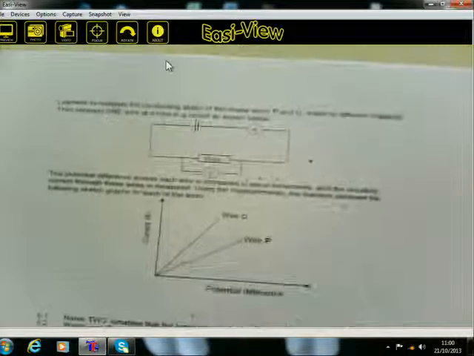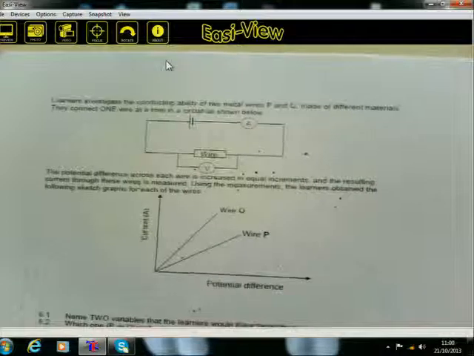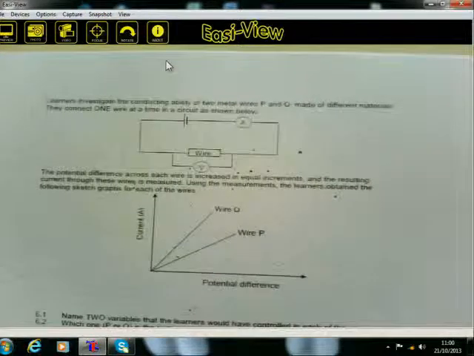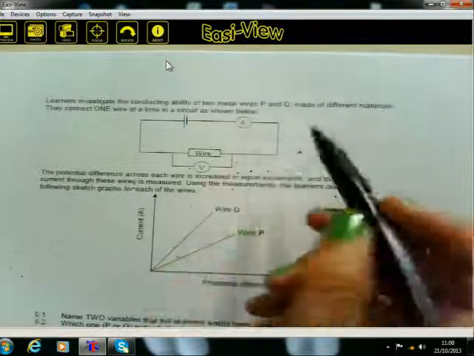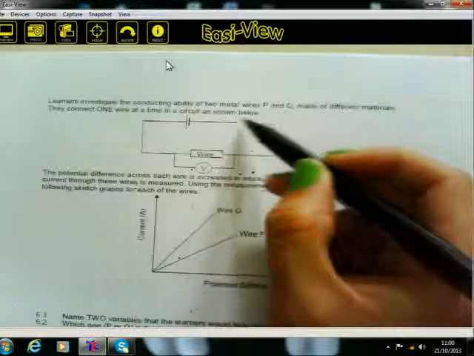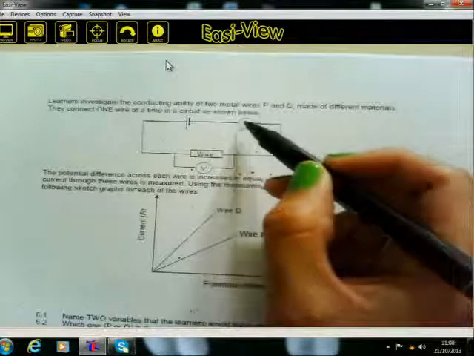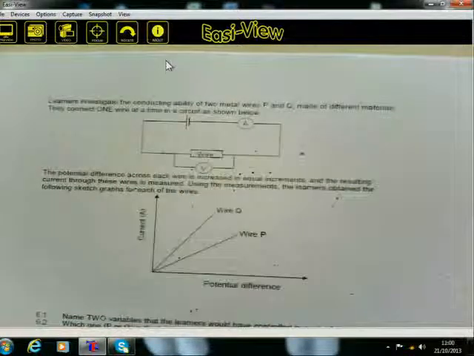So if you can just take a second and carefully look at this diagram here that they show of the wire. They have a voltmeter over the wire. They have an ammeter in the circuit, and they have a battery.